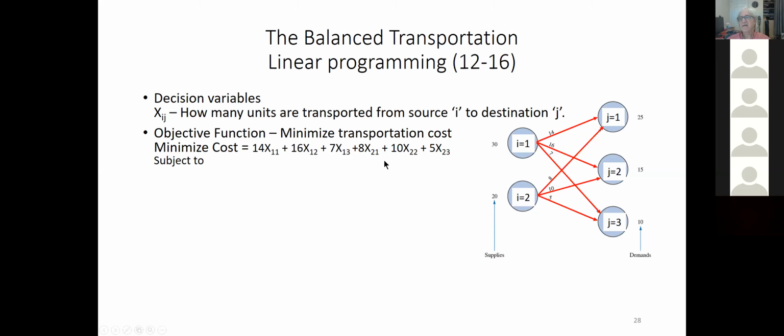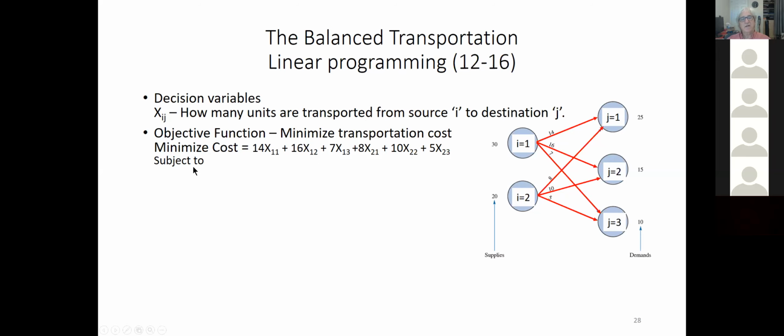Then 16 is the second one, so 16 X12 is the total shipping cost from source 1 to destination 2, and so on over all the shipping costs along these paths.